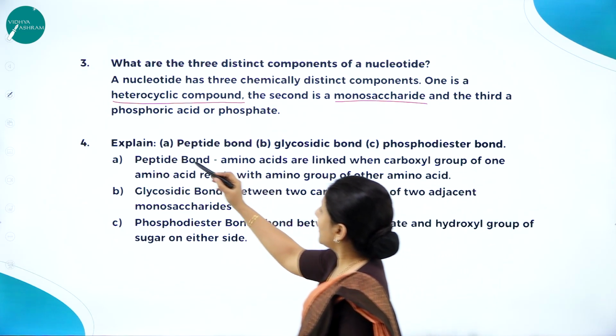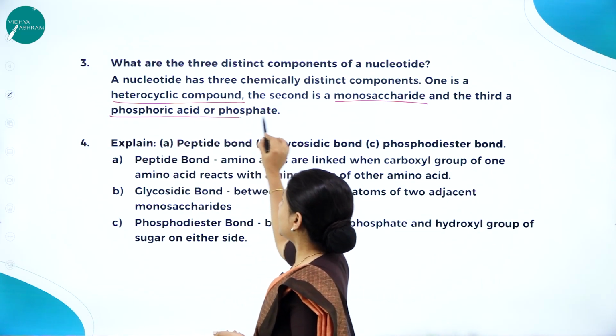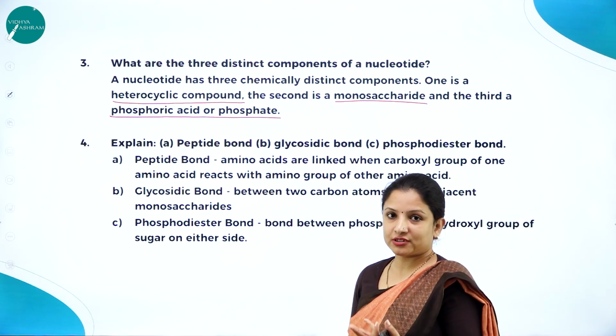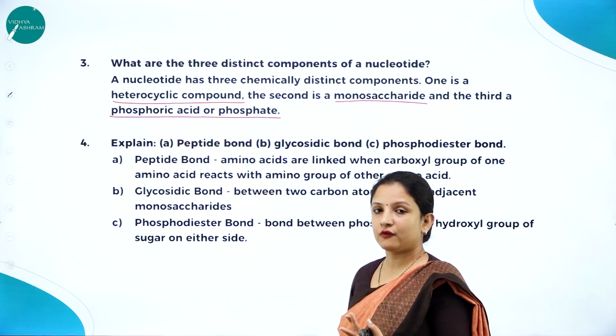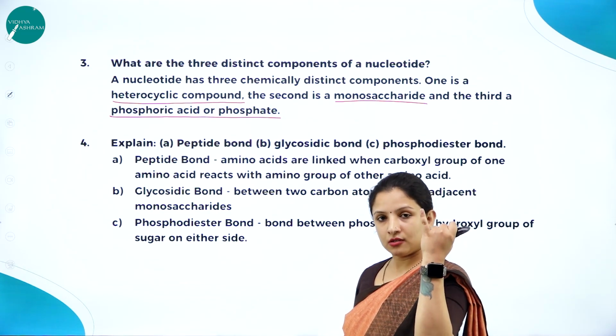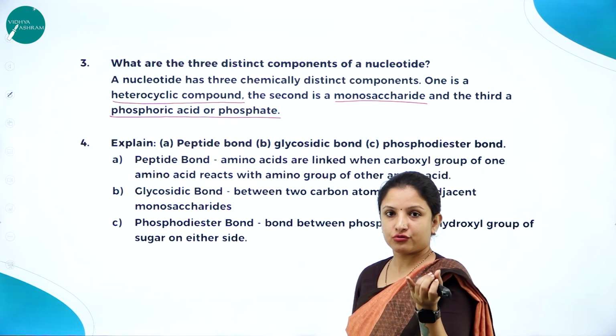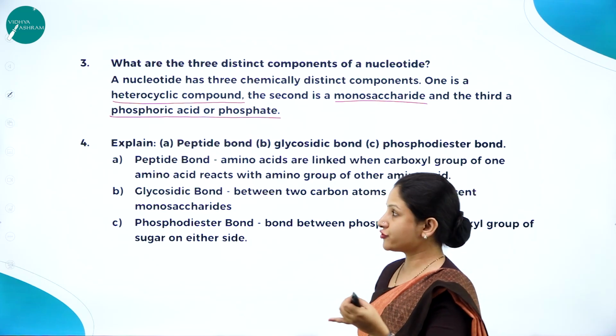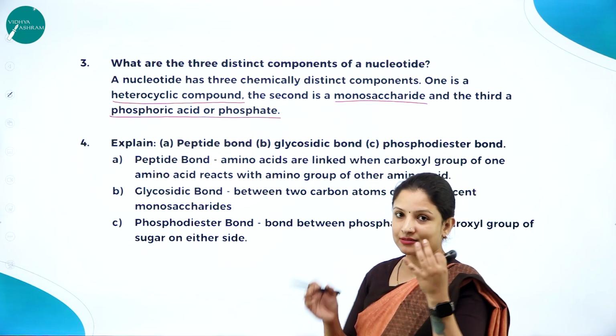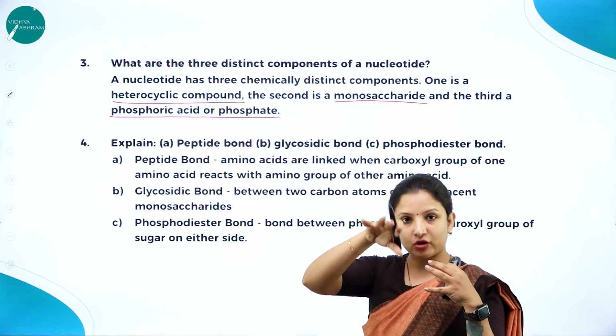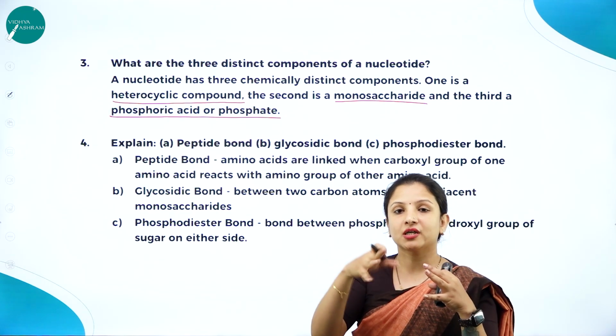And next is they have a phosphoric acid or a phosphate group attached to it, because at the end of the day a nucleotide is made up of what? It contains a monosaccharide, that is a pentose sugar, a ribose or a deoxyribose sugar, and that pentose sugar is attached to what?